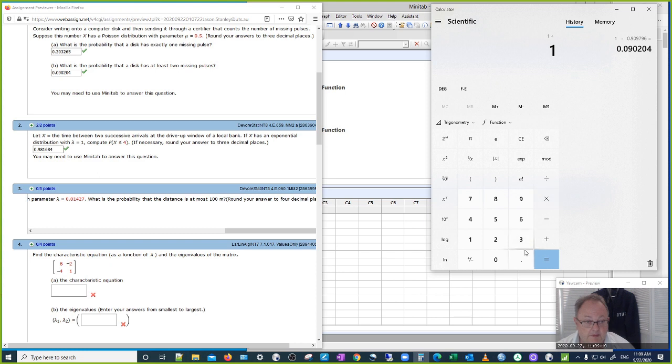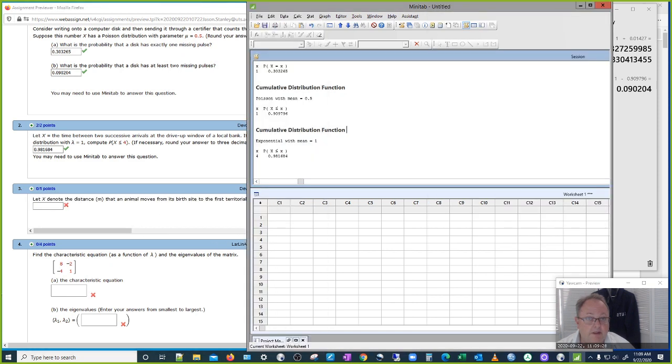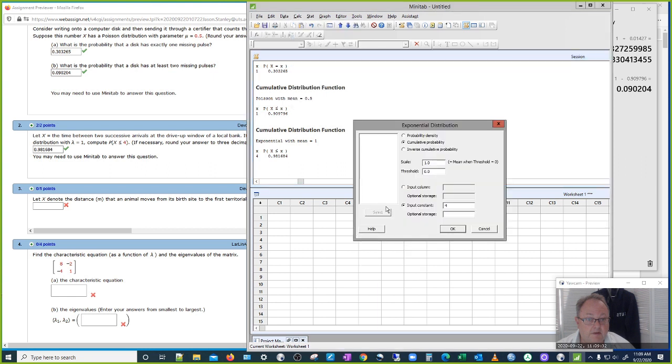So 1 divided by 0.01427 is 70.077. That'll round to 70.1. So I'll use 70.1, and we're going for 100. So 70.1 on an exponential. So we'll go calc exponential.